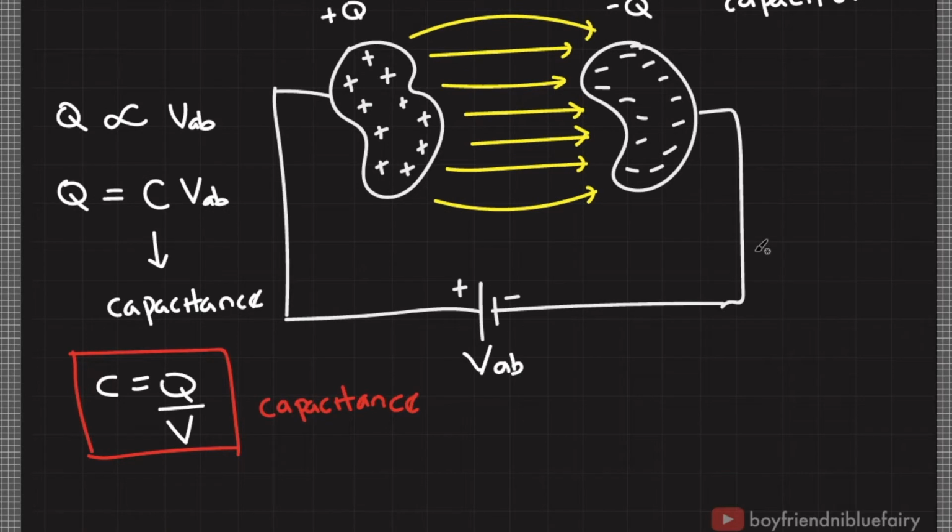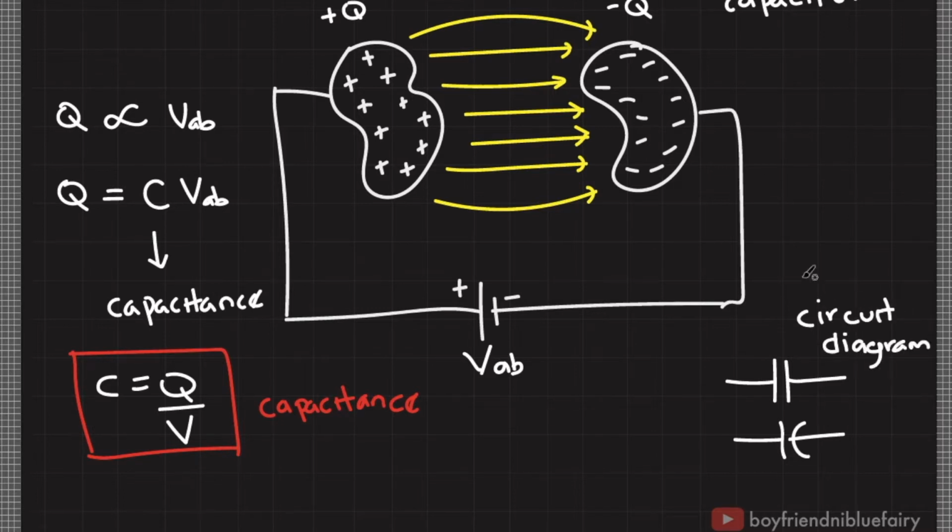In electronics or in circuit diagrams, the symbol for a capacitor is represented by two parallel lines of equal length, or one of the lines is curved. So this is the circuit diagram for a capacitor.